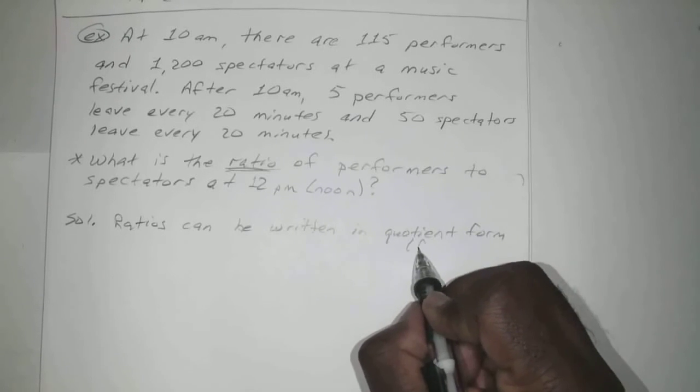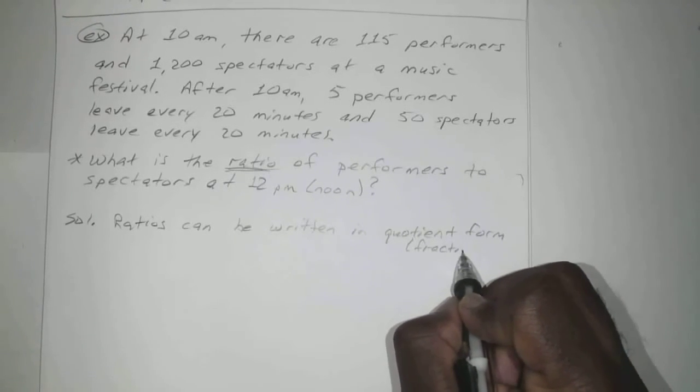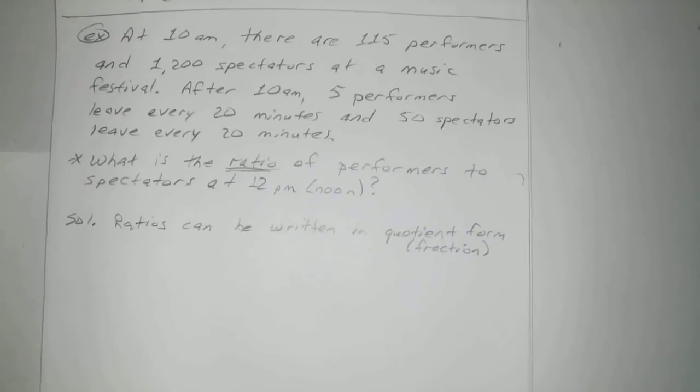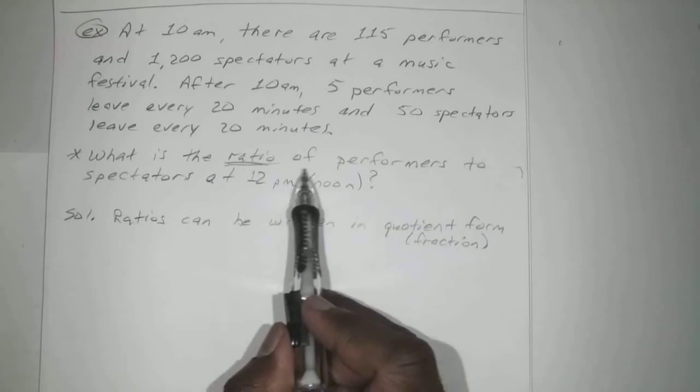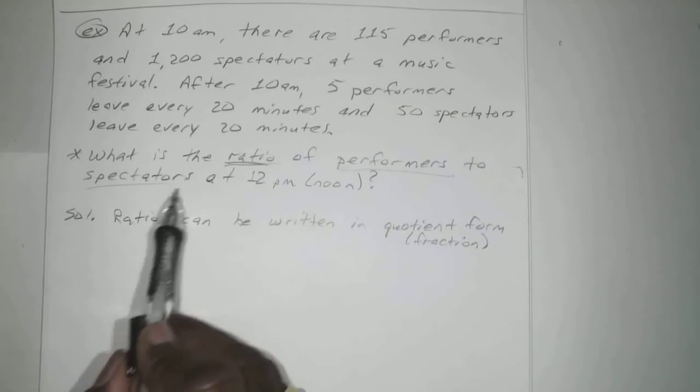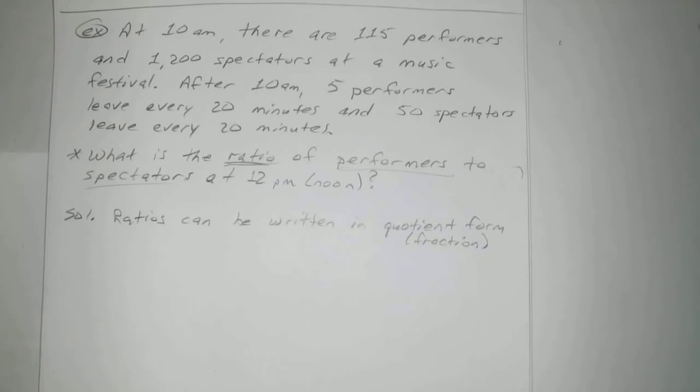It's just a fancy way to say it's a fraction. Okay, so the first thing we want to do is create our ratio of performers to spectators for our numerator and our denominator.